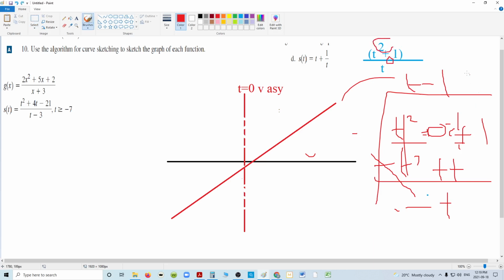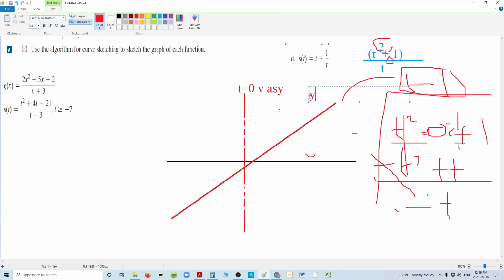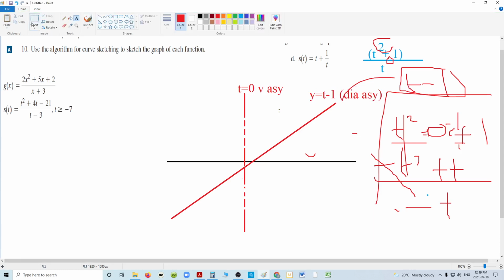Then you do long division, you come up with this equation. This will be the equation of the diagonal asymptote, and you can label it: y is equal to t minus 1. And, you know, diagonal asymptote. It has a different name. And that only occurs when the power is 1 more.